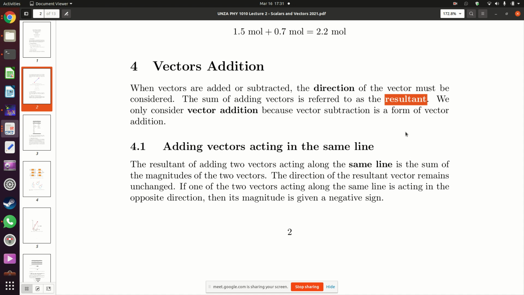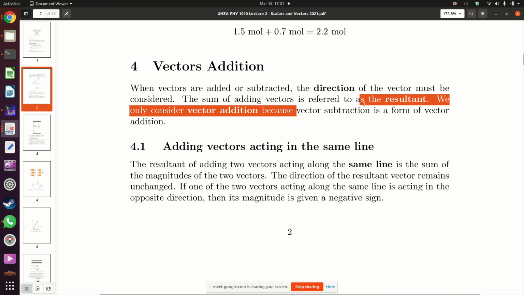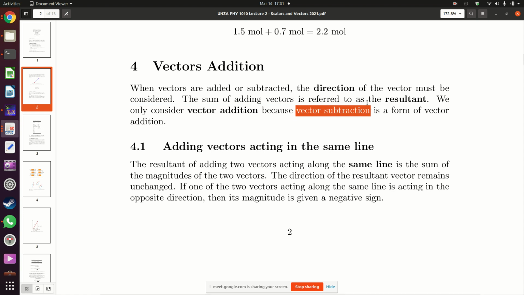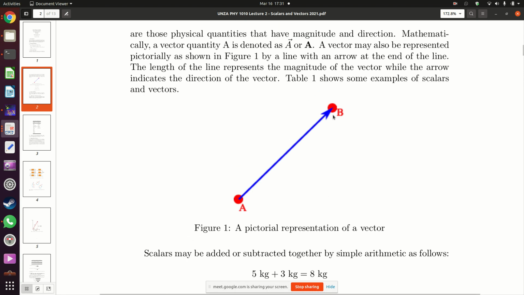The other thing is subtraction. We do not concern ourselves too much about vector subtraction because, as you are going to see, it is basically a form of vector addition. If a vector is pointing in this direction, like this one from A to B, then the arrow is pointing in that particular direction. If you change this arrow so that it points towards A, then what you have is a negative vector, the negative of this. So you put a negative sign.